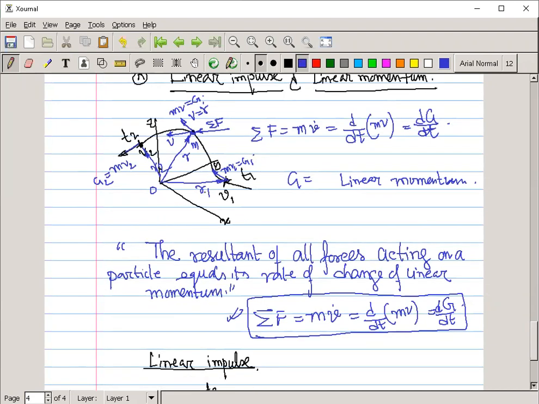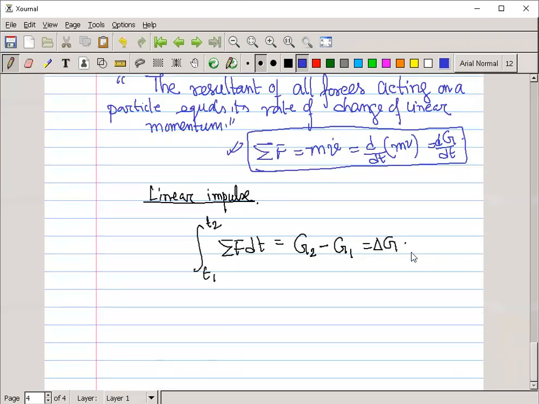So you can easily write this equation, right?